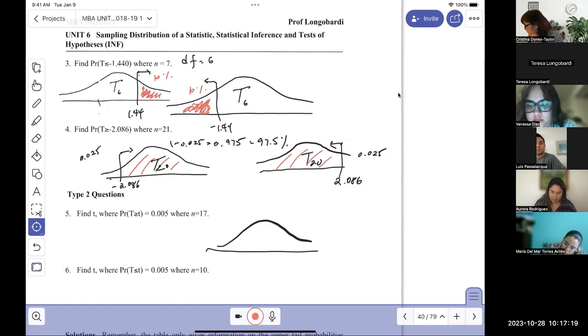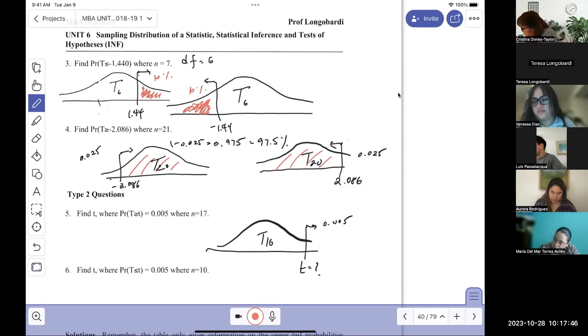All right, so I'm going to draw this. I have to draw it somewhere where to the right is a very small number. So first of all, this is T16, and what I want to know is what t gives 0.005 on 16.